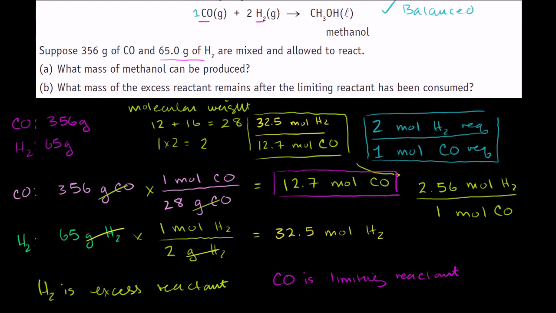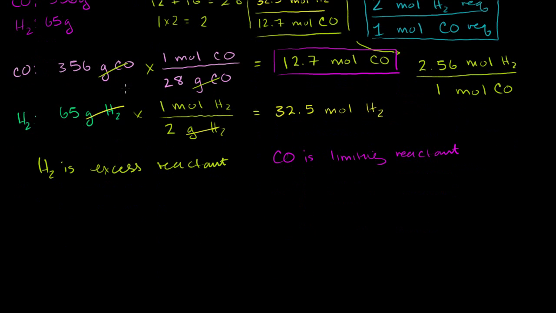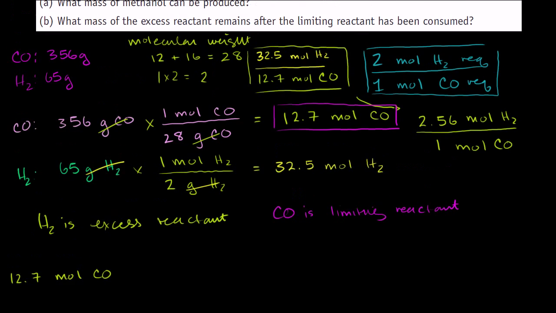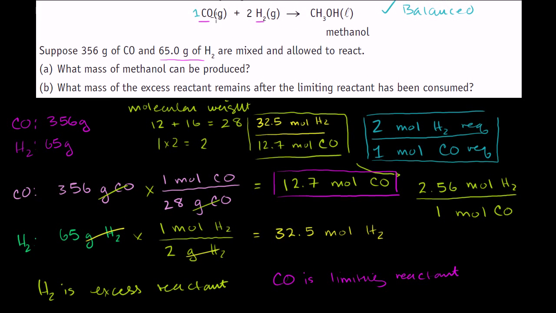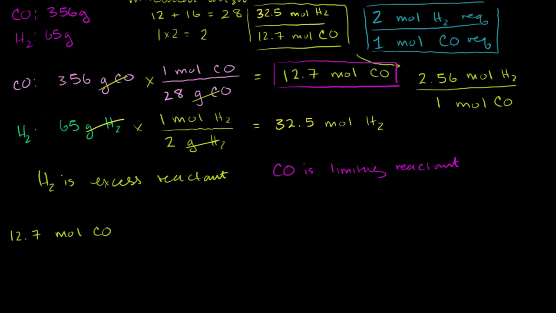Let me write this over here. So we have 12.7 moles of carbon monoxide. And looking at our original equation, we see for every mole of carbon monoxide, we produce 1 mole of methanol. So let's write that down. Times, and we want the carbon monoxide in the denominator.